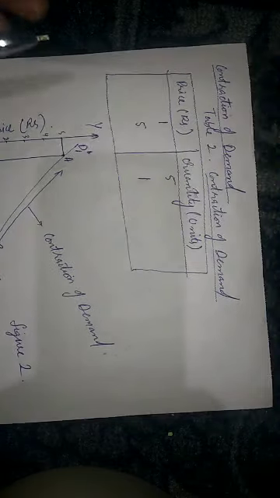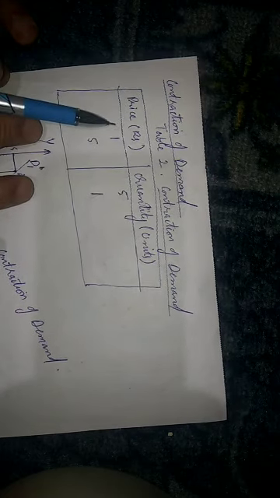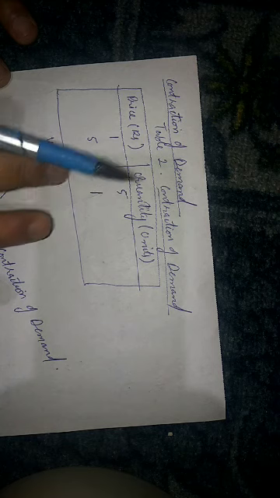Now if we discuss the table, when the price of a commodity is rupees 1 per unit, the quantity demanded is 5 units.